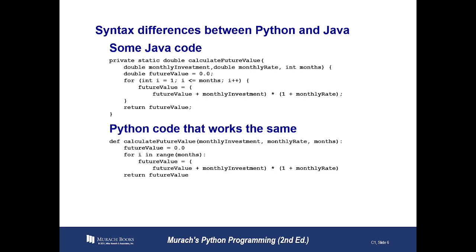So what determines the data type is the thing that is assigned to it, in this case 0.0, which is a float literal value. Notice there's no semicolons either in Python.